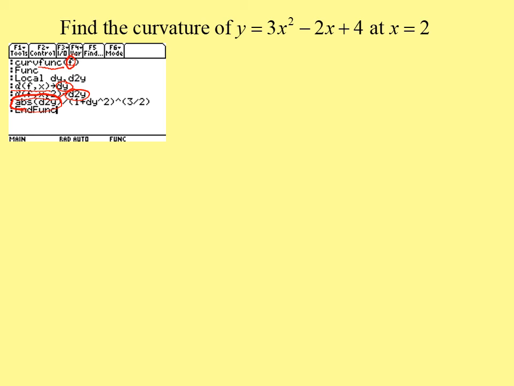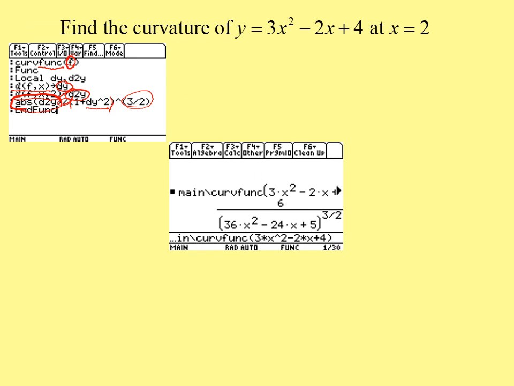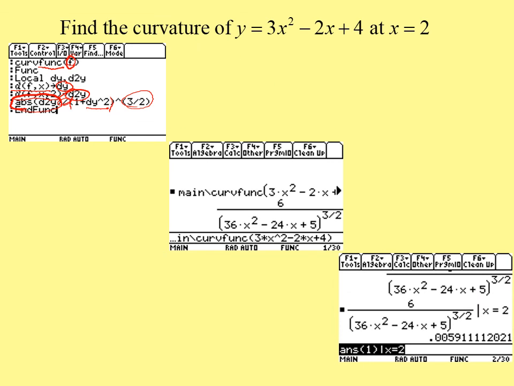We do 1 plus the first derivative squared, raise all of that to the 3/2 power, and divide. Anyway, that comes out looking like this. And you see we get the same answer as before.